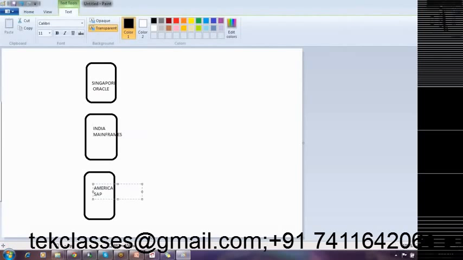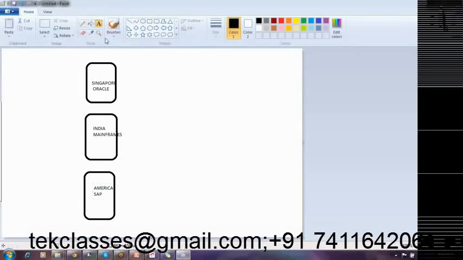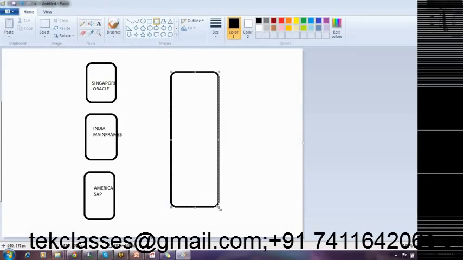They have different OLTP systems, and you're going to integrate the data and build the data warehouse using different ETL tools. You integrate the data from the different OLTP applications and store it in a centralized place called a data warehouse, which is also a database.